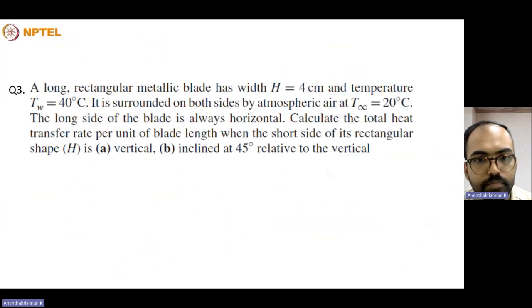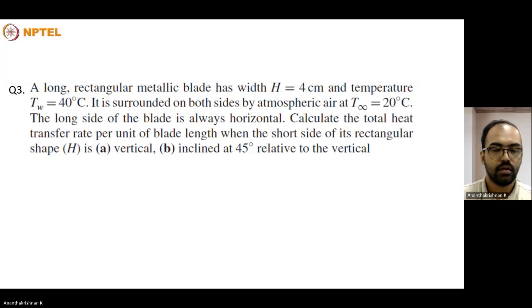Looking at the third problem. A long rectangular metallic blade has width h equal to 4 centimeters and temperature Tw equal to 40 degrees Celsius. It is surrounded on both sides by atmospheric air at T infinity equal to 20 degrees Celsius.